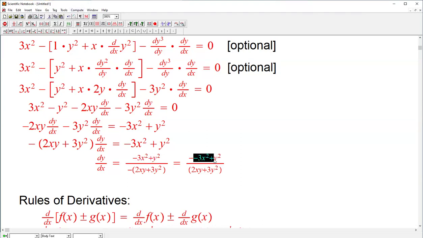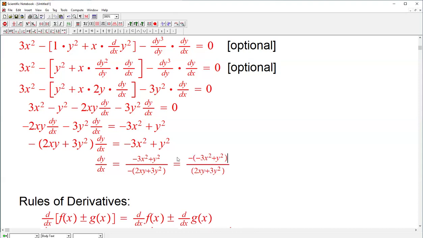But of course, we need the parentheses in front of it, and this negative sign applies to each term inside the parentheses. So we will get a nicer looking result. Negative times negative 3x squared is going to make a positive, and negative sign times y squared is going to be minus y squared.